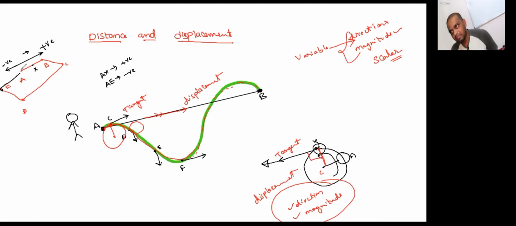But if the person moves from A to X, or A to C, or A to D, or A to E, whatever he might cover, the distance will always be positive. I hope all of you understood. The distance you will always get as a positive value only. But displacement depends upon the direction of the journey in which he started. Clear?